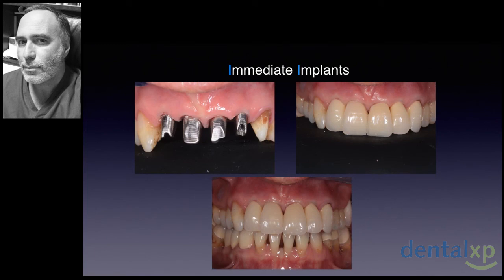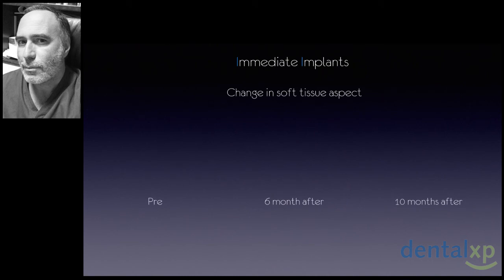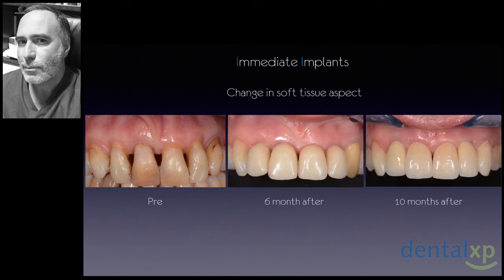Now you can see the titanium individual abutment Atlantis with the second provisional crowns, and the definitive abutment screw with the crown 10 months later, 6 months after, and 10 months after.